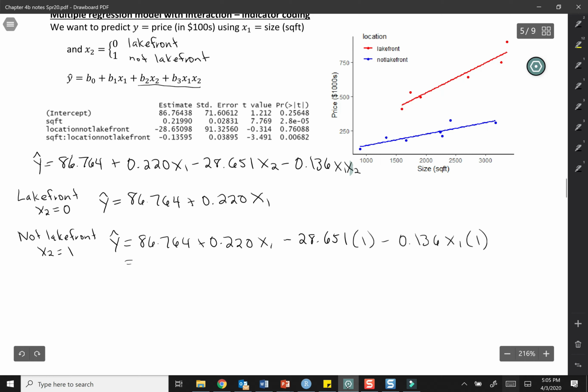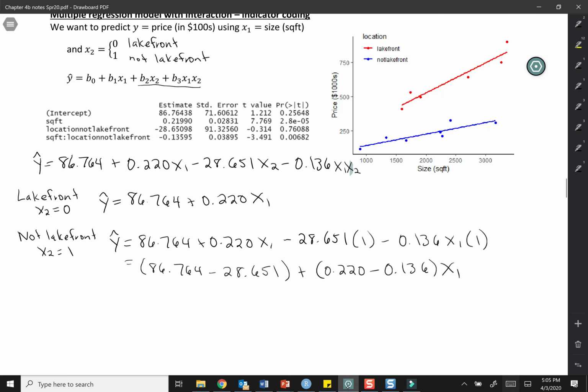So basically I end up with 2 constants, and I put those 2 together to get my new intercept. Right, so I'm putting the constant terms together, and then I'm going to do the same thing with my slopes. So I'm putting these 2 terms together and then sort of factoring out the x1.